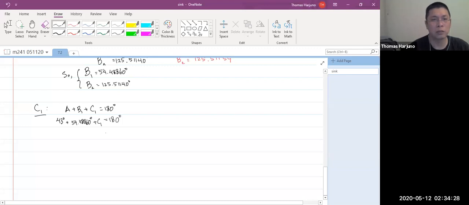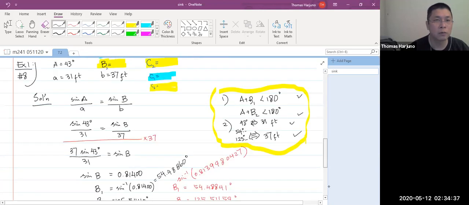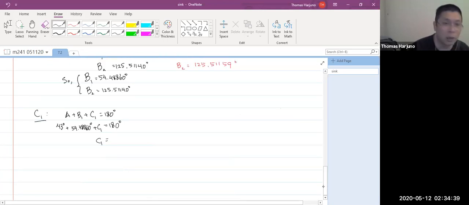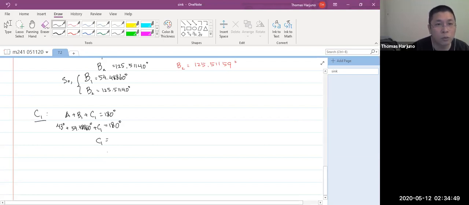So my C1 equals 180 minus 43 minus, is it really 43? Yeah, that's really 43. Minus 54.48860. I get C1 is 82.5114 degrees.